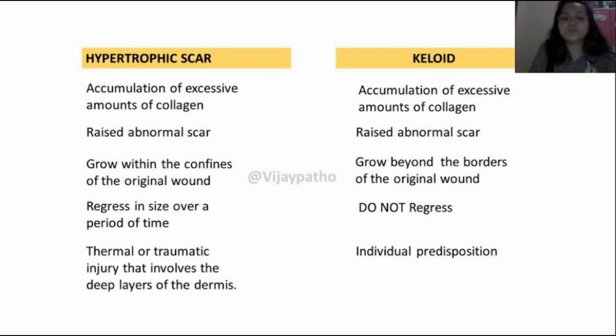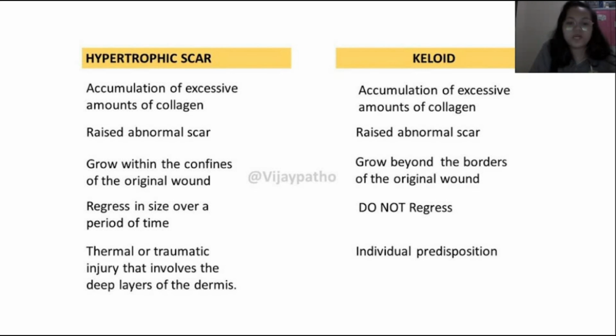What are the differences between these two? In the case of hypertrophic scar, the growth is within the confines of the original wound, whereas keloids grow beyond the borders of the original wound. And hypertrophic scar regresses in size over a period of time, whereas keloid does not regress.